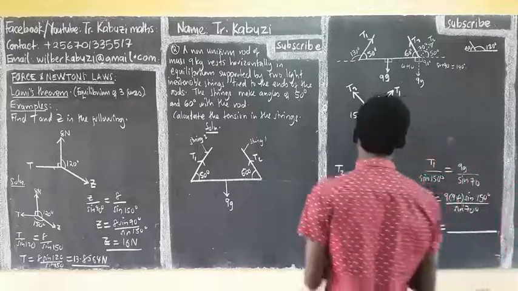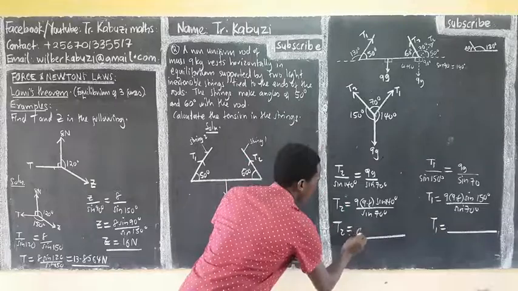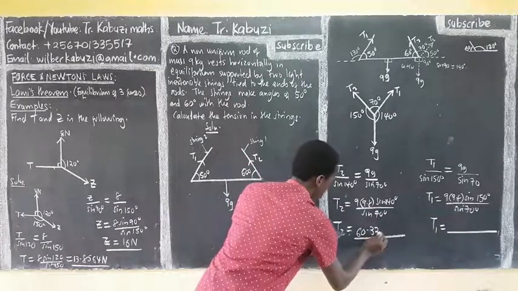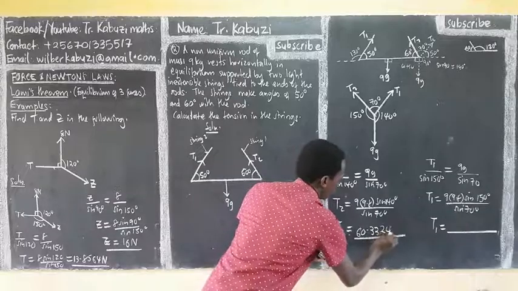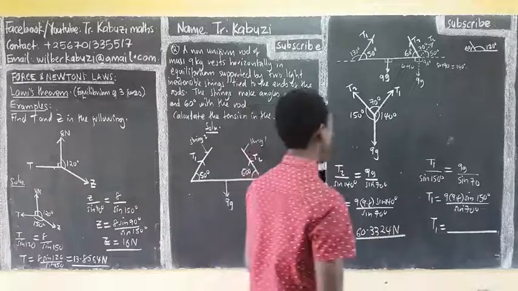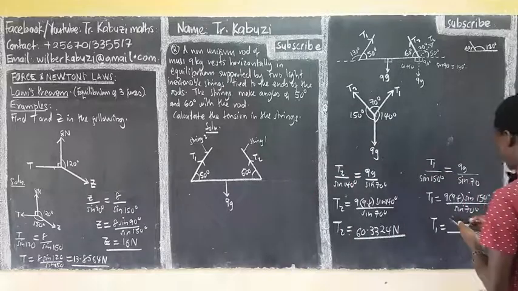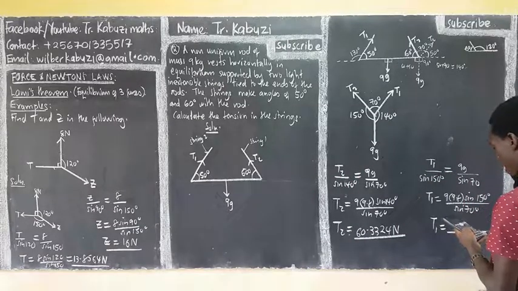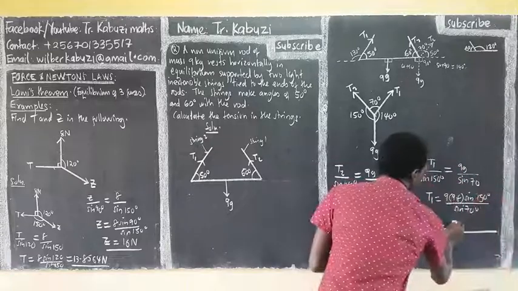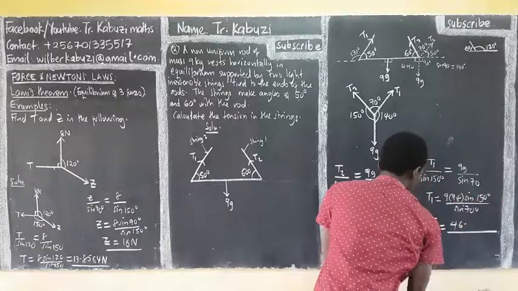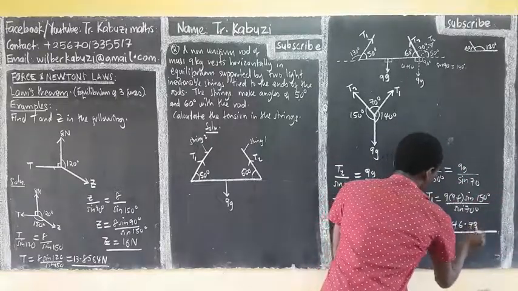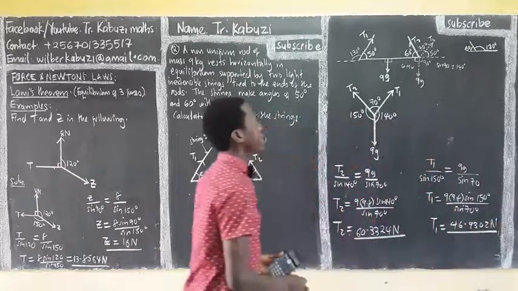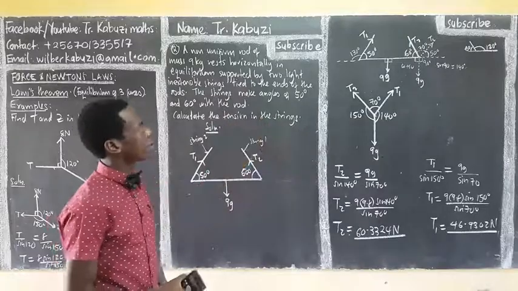So the answer I am getting is 60.3324 newtons. And then here we press in this 150, so this will give us 46.9302 newtons. And so we have got the tensions in those two springs there.